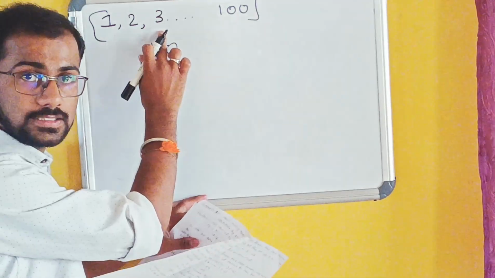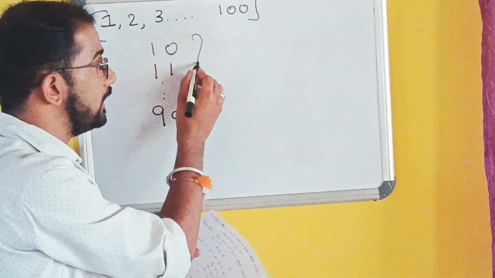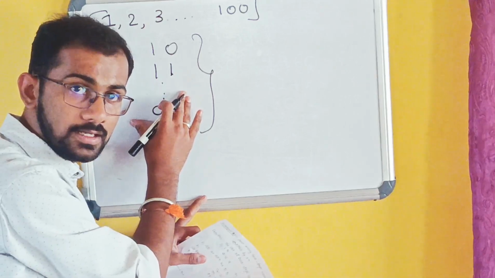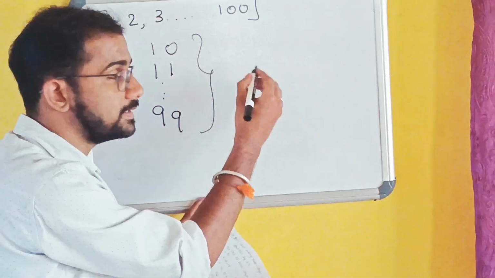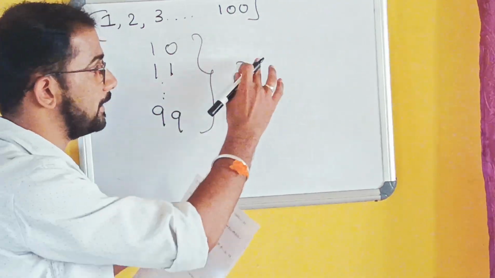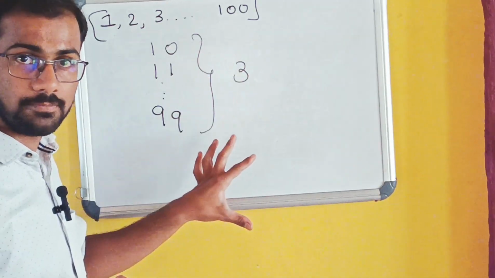A two-digit number starts from 10 and ends at 99. So in this range, how many numbers are present that are divisible by 3?